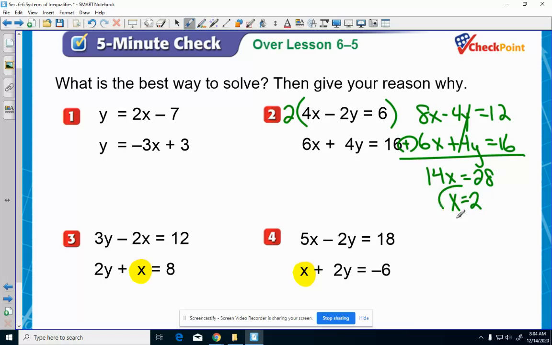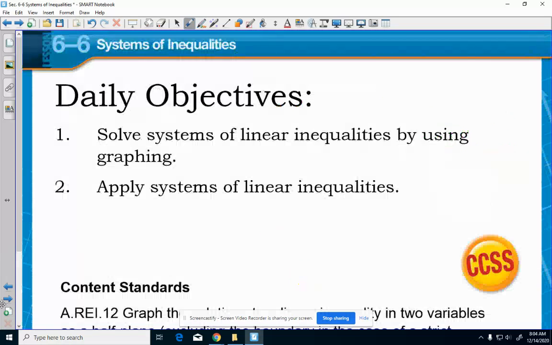So x is equal to 2. So just stop for a second and think about how you would solve each of these considering the way they're set up. Whether it's graphing like the first one, or elimination like the second one, or substitution like the third or the fourth. Keep those in mind as we're moving forward.